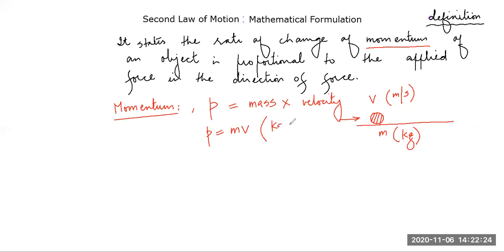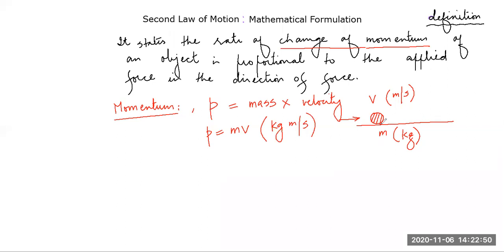It will be kg meter per second. This will be the unit of momentum. Then it says change of momentum. What is the meaning of change of momentum? When will the momentum change? Can any student tell me when the momentum of an object will change?